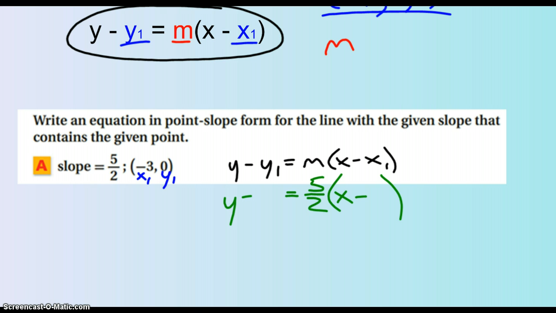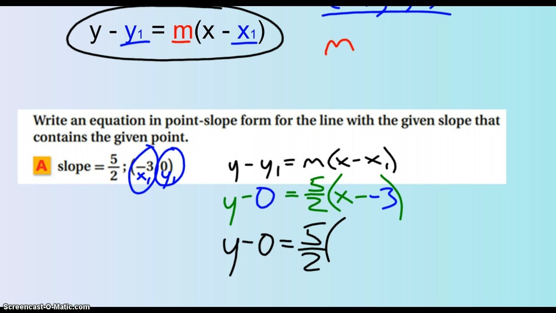So y minus 0 equals 5/2 times x minus negative 3. And here's what it turns into. For the purpose of leaving it in point-slope form, I am going to write y minus 0 equals 5/2 times x, and a minus and negative turns into plus 3.